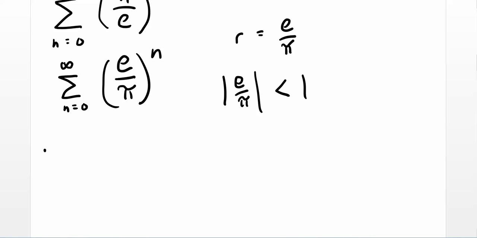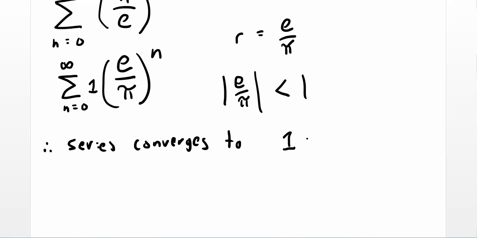So the series converges to, and we use our formula, here our c is 1, so this is 1 times e over pi to the m, our m is 0, divided by 1 minus e over pi.